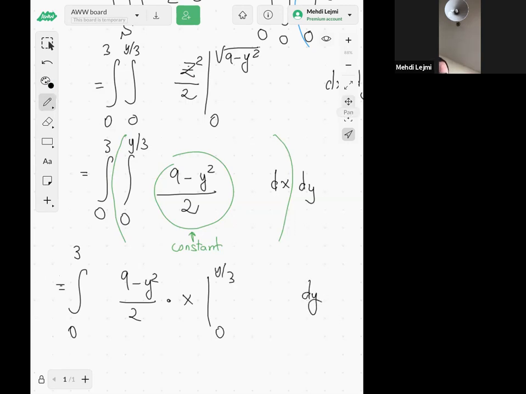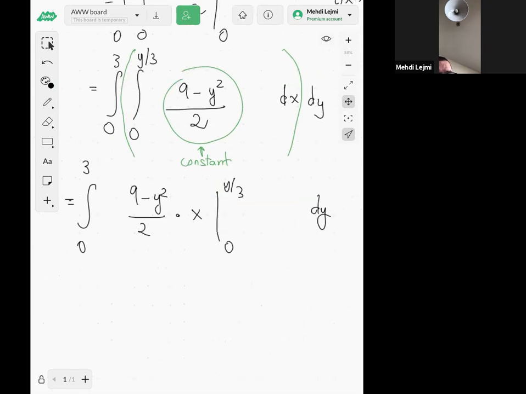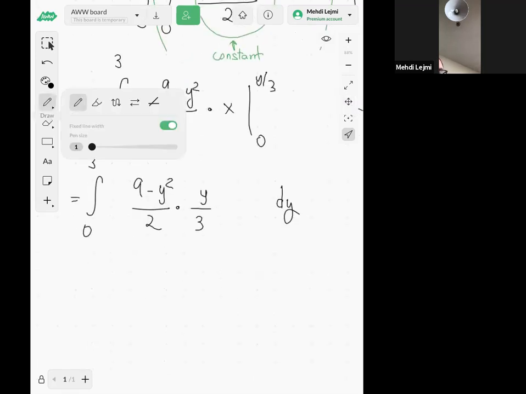All right, so now x is equal to y over 3, so this is the integral from 0 to 3 of 9 minus y squared over 2 times y over 3. If x is 0, then everything is going to be 0. So it's just 9 minus y squared over 2 times y over 3. And I guess you guys know this is not really hard to integrate with respect to y.